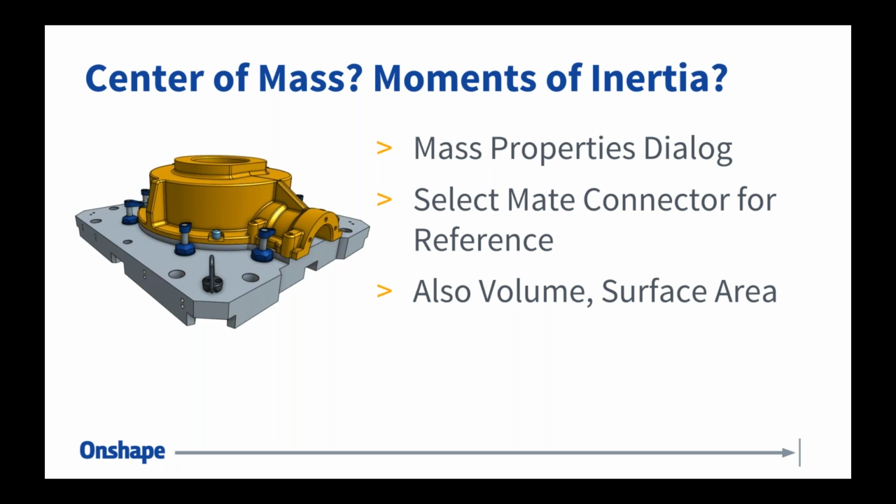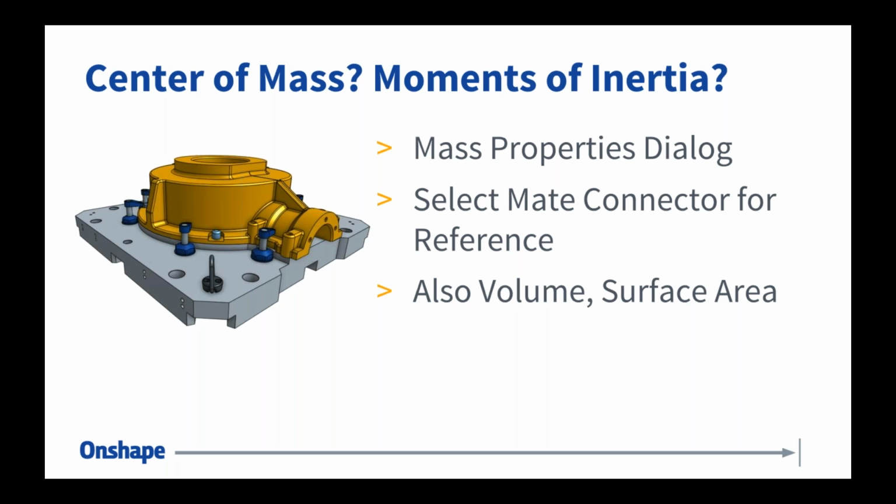All right, so center of mass, moments of inertia, those are also within that mass properties dialog. Now, the thing that I always like to mention here is in the case of moments of inertia, remember that it's always dependent on a centroid, which may not necessarily be what you're looking for. So if you're looking for accurate moments of inertia based on a certain piece of geometry or reference on your geometry, you can use a mate connector to establish that, sometimes referred to as a local coordinate system.